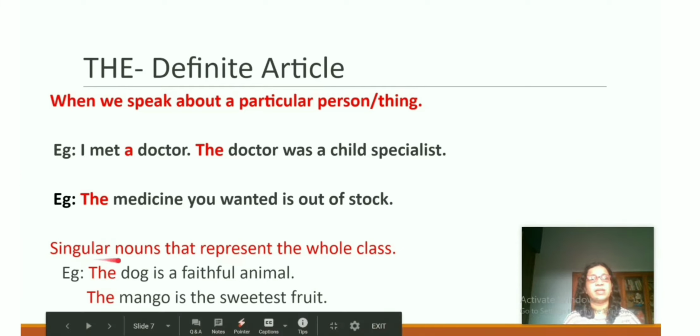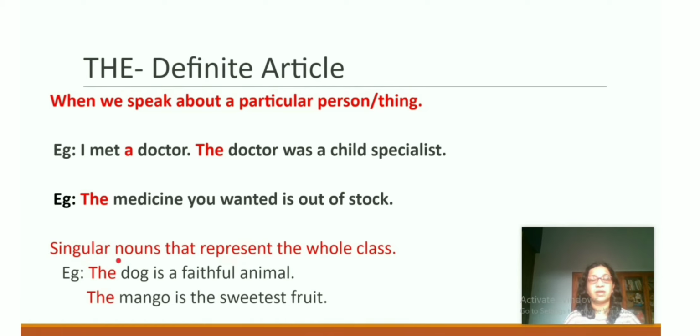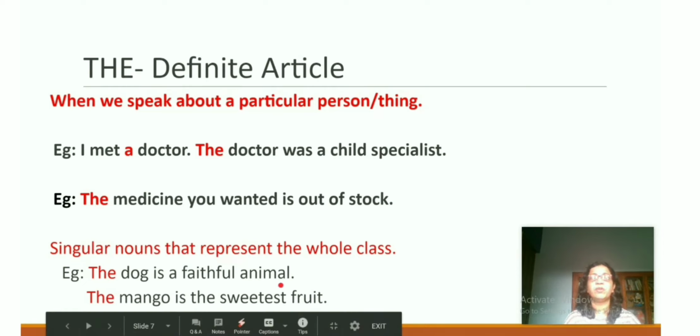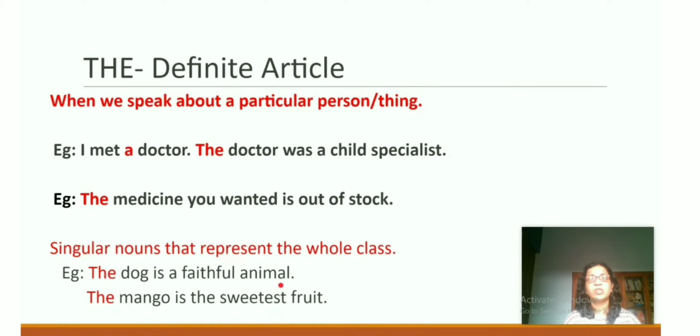The next one is singular nouns that represent the whole class. If I say the dog is a faithful animal, it means every dog is faithful. Every member of that species is faithful. If I say the mango is the sweetest fruit, it means every mango is sweet.